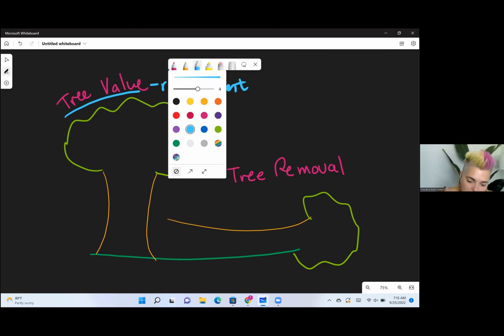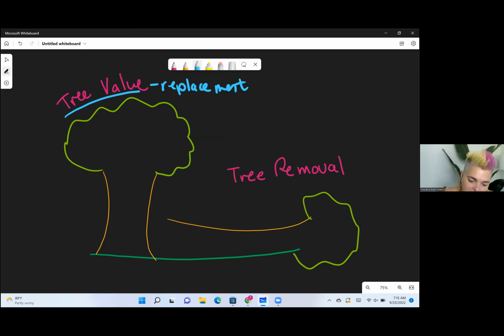So we need to know what the value of the tree is, because you do have tree coverage. Trees cost money, so you can get your tree replaced if it were to be destroyed in a covered peril.